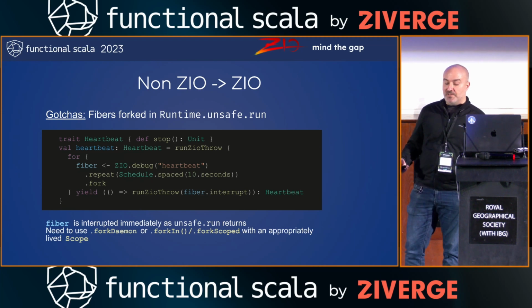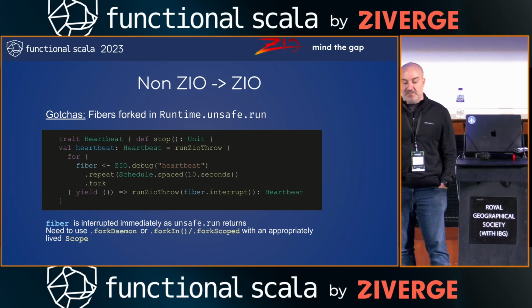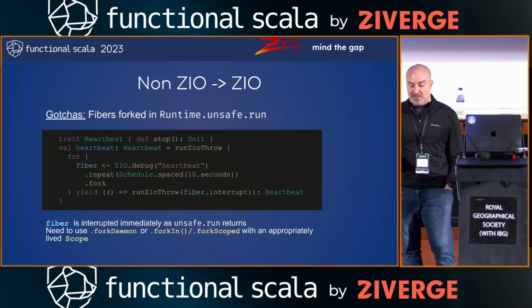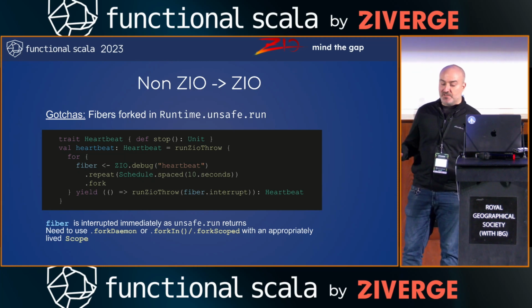The way to actually achieve what we want is to do a forkDaemon, which will disconnect it from its parent, or you can do forkScoped with scopes. I'm not going to go into scopes, but they're basically ways to manage resources.